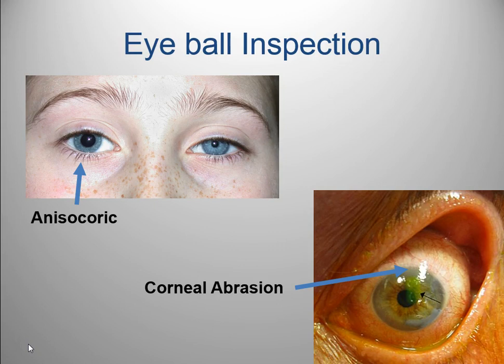That is something where you need to be referred to a doctor. Drops can be given to help this heal. It usually takes 5 to 7 days depending on the severity of the corneal abrasion, and you want to protect the eye. So depending on the injury that you see in the eyeball inspection, it could give you a greater appreciation for whether this is a brain injury or an eye injury.